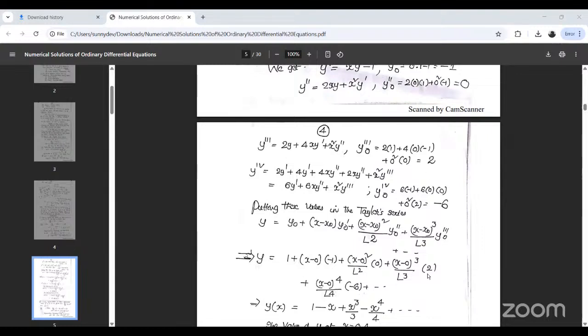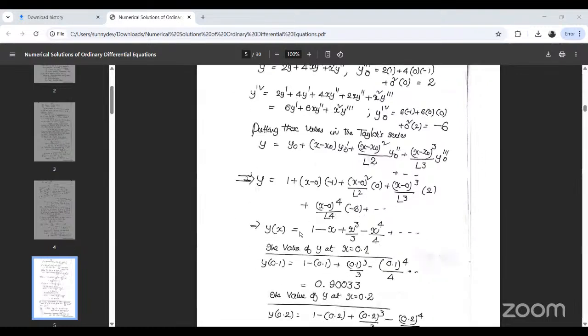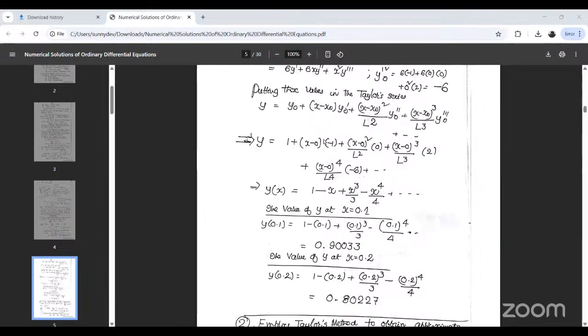So we can substitute all the values: 1 plus x minus x naught, where x naught is 0. So we are getting one polynomial function. After getting that polynomial function, we can find any values.